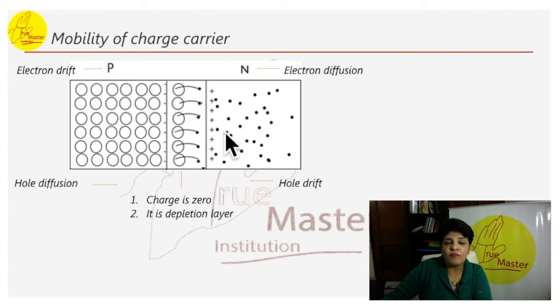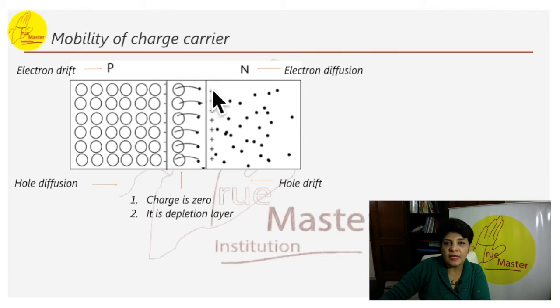The diffusion of majority charge carriers across the junction gives rise to electric current from P to N and is called diffusion current. I hope this is understandable. This is P and this part is N. When they are put together, some of the holes and electrons, just when they are together, are going to combine here.